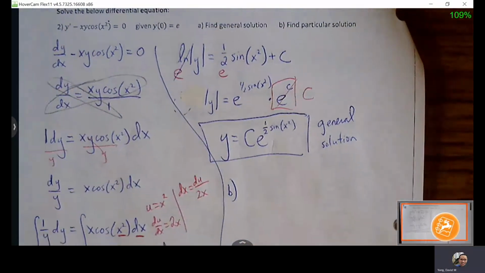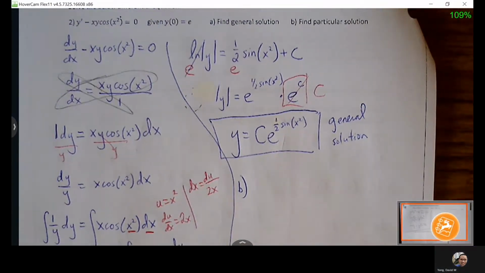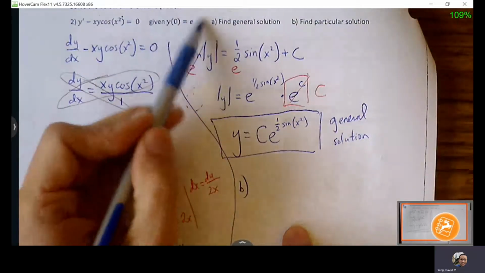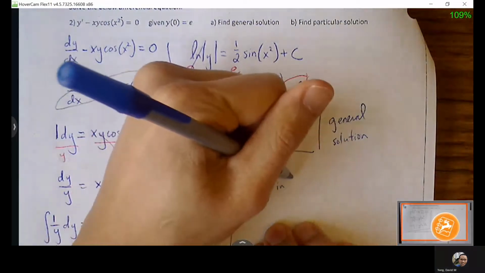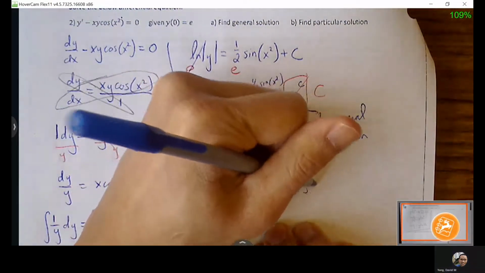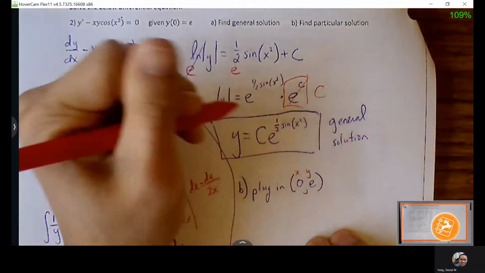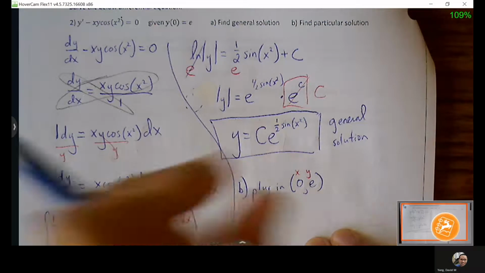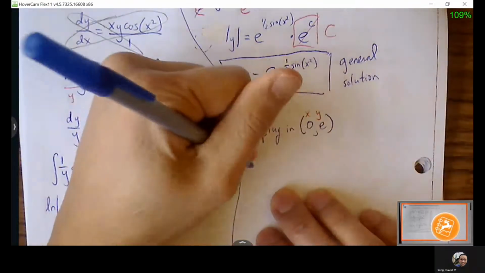All right, how do we move towards the particular solution from here? Ordered pair, good. Insert 0 in for x, insert y, sorry, e in for y.